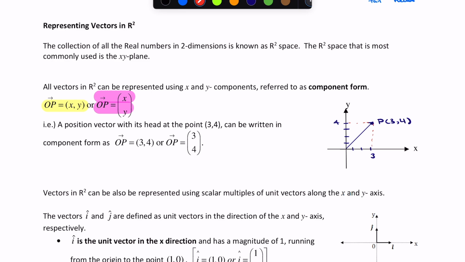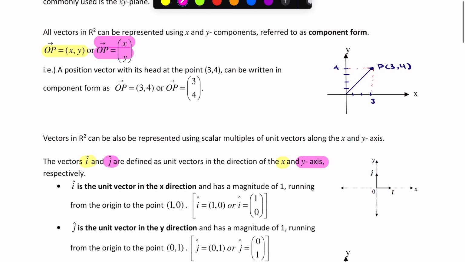Vectors in two space, or R squared, can also be represented using scalar multiples of unit vectors along the xy axes. The unit vectors i and j are defined as unit vectors in the direction of the x and y axes, respectively. i represents the x-axis, and j represents the y-axis. i is the unit vector in the x direction.